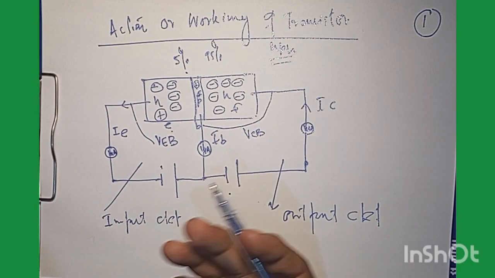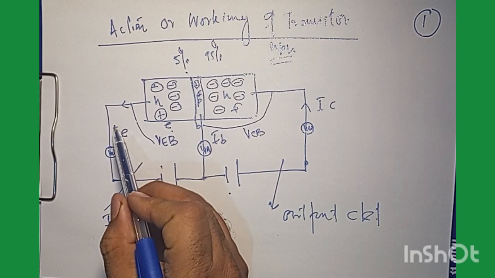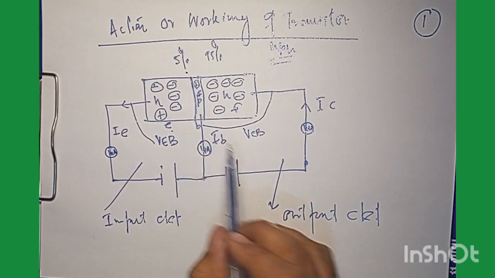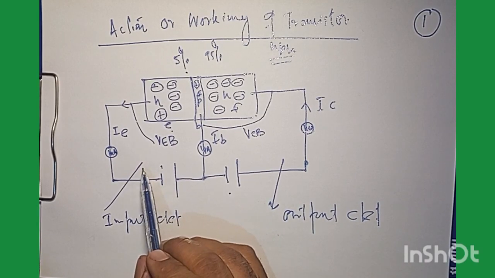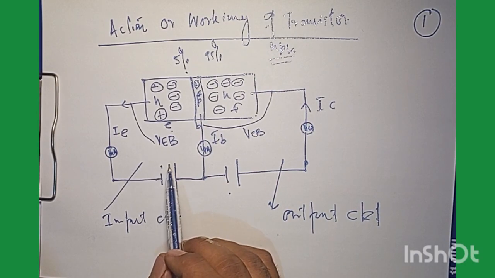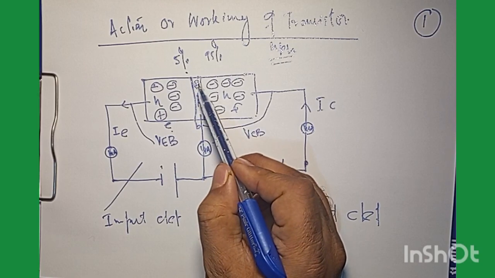Thus, there is a continuous flow of electrons from the emitter to the collector through the base. So this process goes on and on. The emitter current is more than the collector current, and that's quite obvious because some fraction of current is lost at the base.